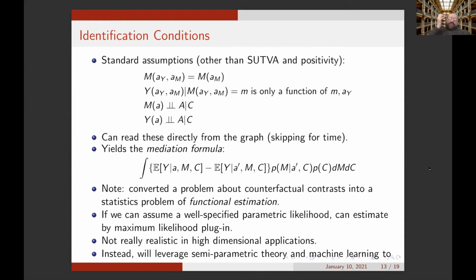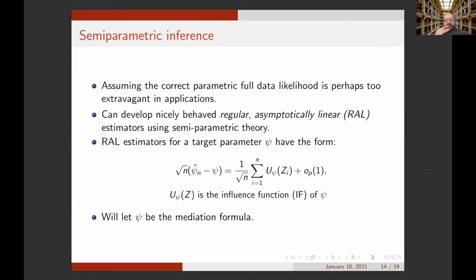And so if we have a well-specified parametric likelihood, we can estimate this by maximum likelihood plug-in estimation, just fit models for all the objects here and just evaluate them there. And this is not really realistic in high-dimensional applications because we cannot really get parametric likelihoods. So instead, we can leverage semiparametric theory in machine learning. So what we can do is we can develop what are called regular asymptotically linear estimators.